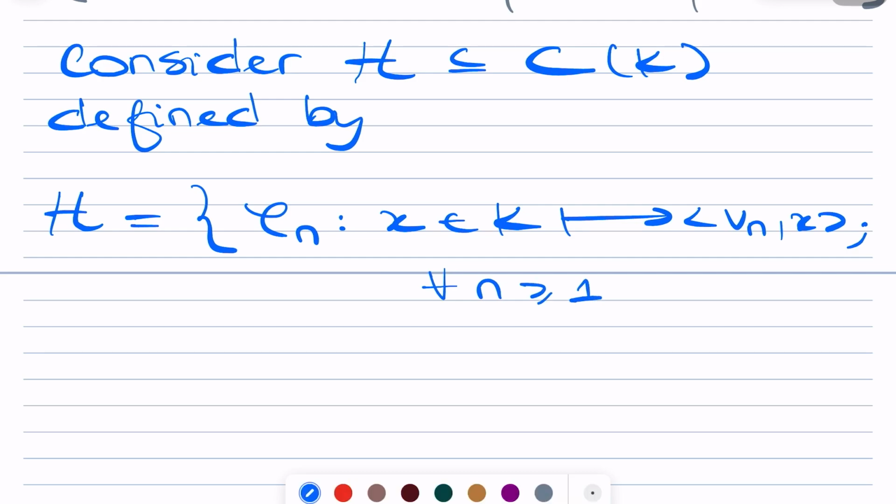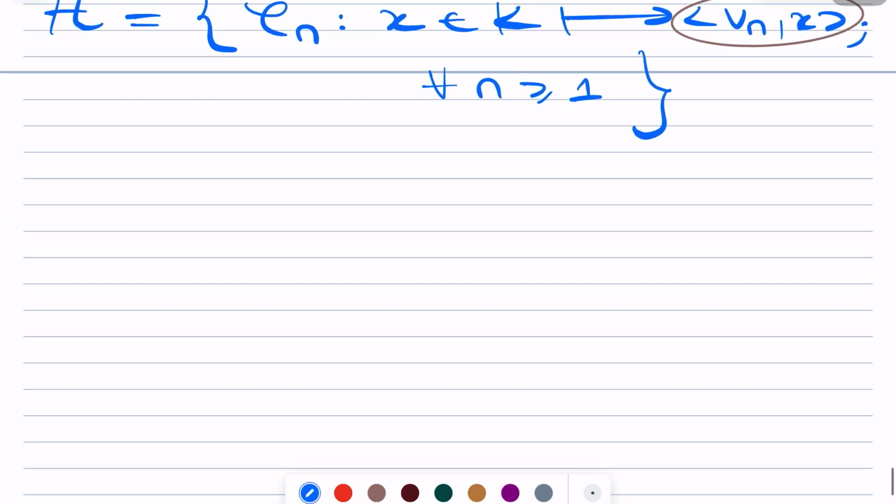This is the duality pairing, Vn comma x in the space F star comma F. Maybe instead of x, I should have used y, but anyway, H is defined this way.